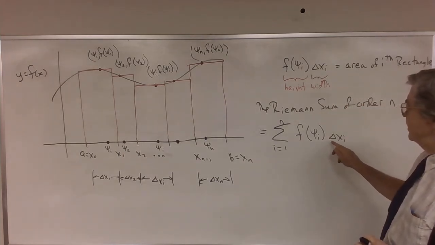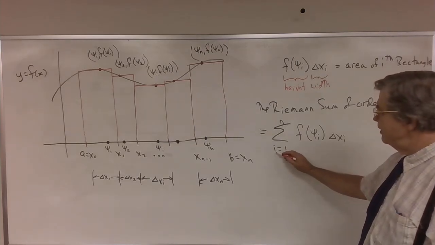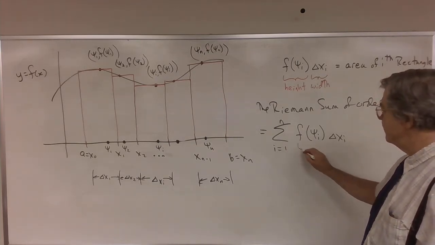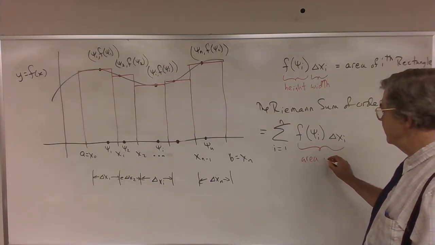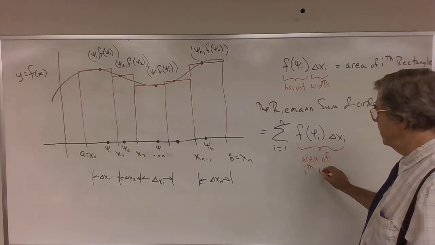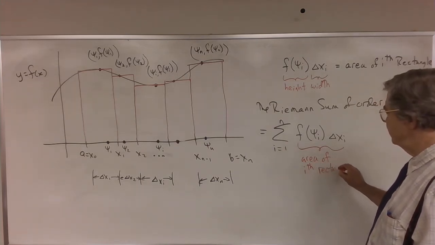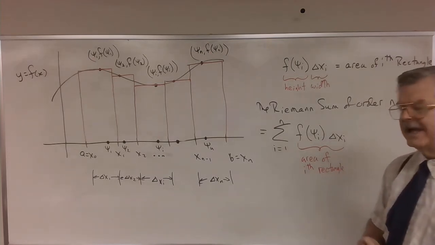Here's our Riemann sum. For each value of the index i, what we're adding to the Riemann sum is the area of the ith rectangle, for i equal 1 to n.